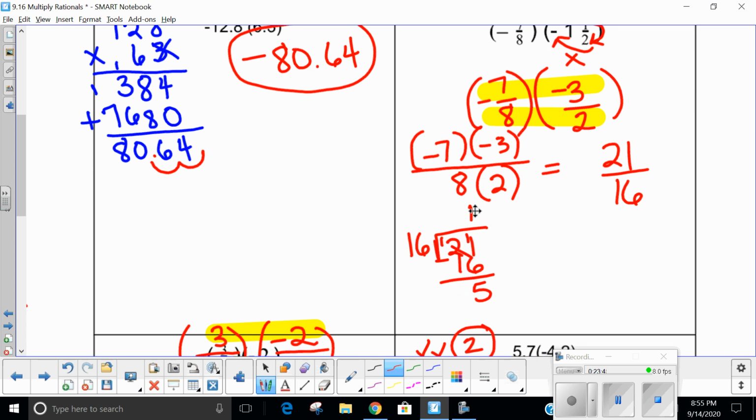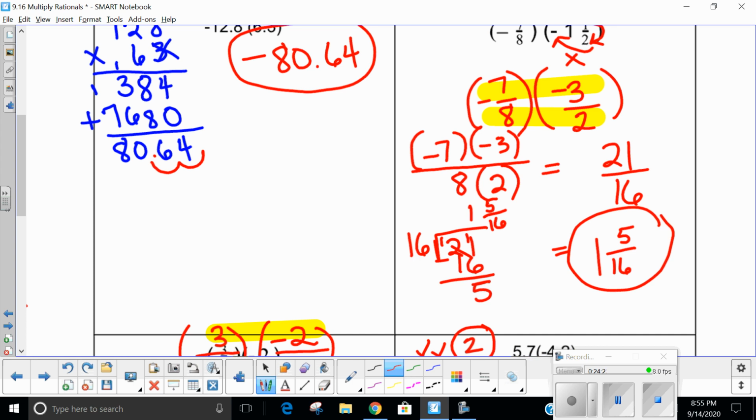So we have 1, and we're going to take the remainder of 5, and we're going to put it over the number sitting in the front right here, which is 16. So my answer would be 1 and 5 over 16. Circle my answer. Okay, and that's it for today.